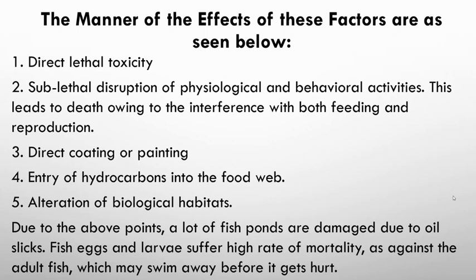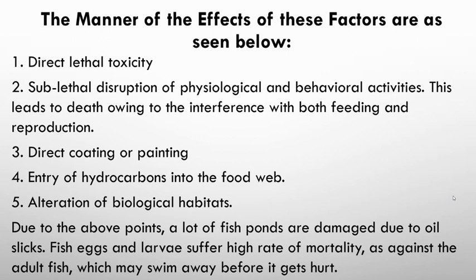Now, due to all these effects that we have mentioned, we will notice that there could be direct lethal toxicity. That is, the organism begins to die. Or two, sublethal disruption of physiologic and behavioral activities. Because this is a new product, the organisms begin to adapt, begin to feed on new things, and so on.